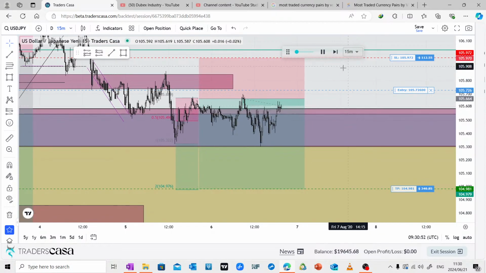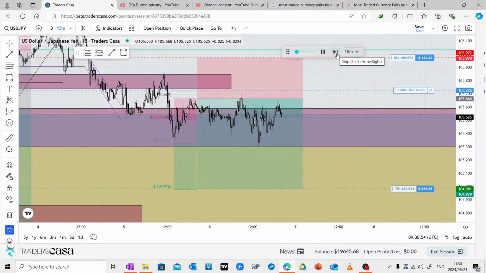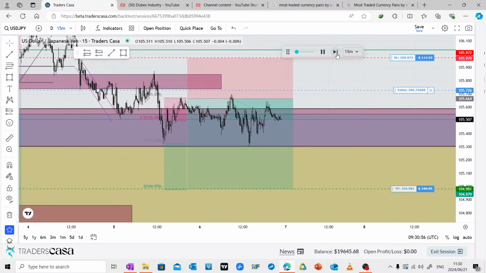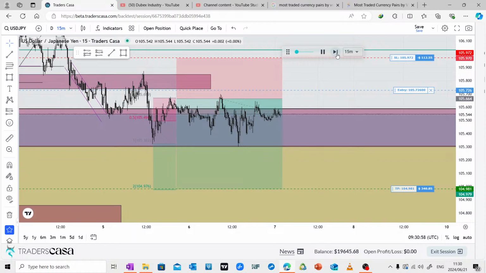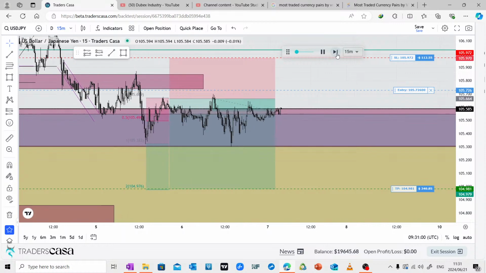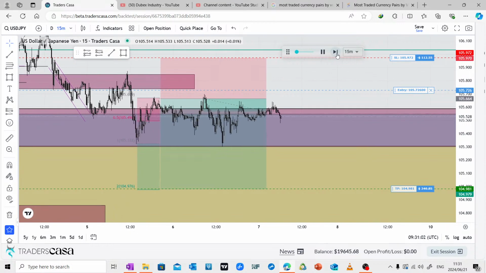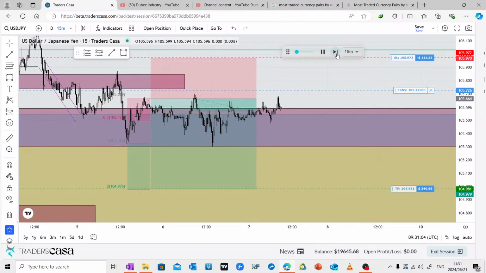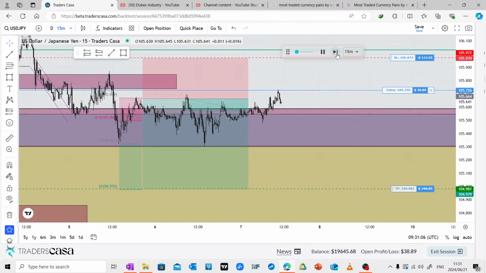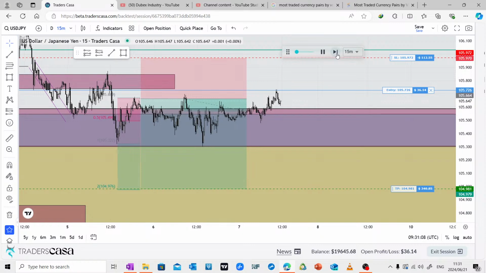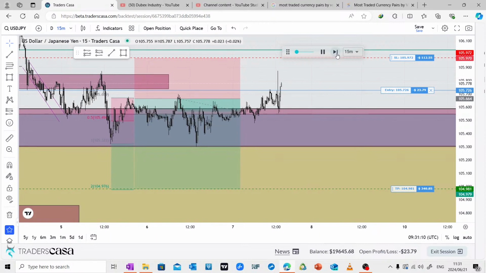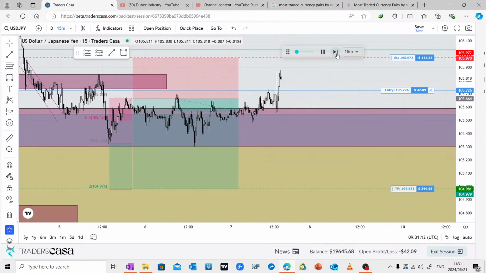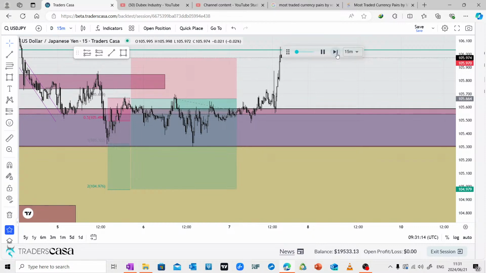Could we take out buy side there? Made a lower low. Market is ranging and it takes me in. But that's like a boom, shit.